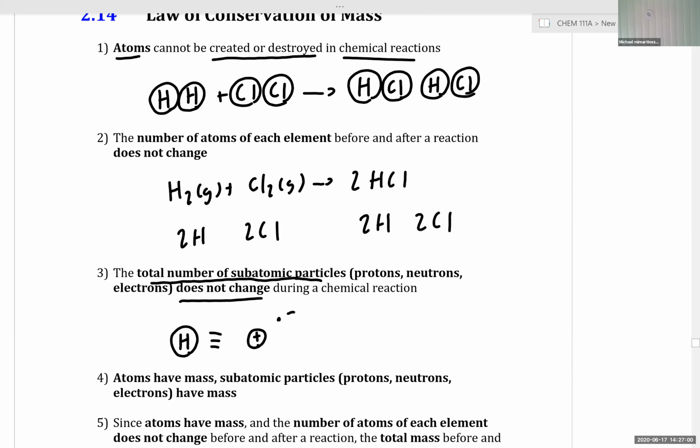So if atoms are unchanged, the number of particles does not change. And this will come up when we start to discuss redox reactions, or reactions that involve the transfer of electrons.